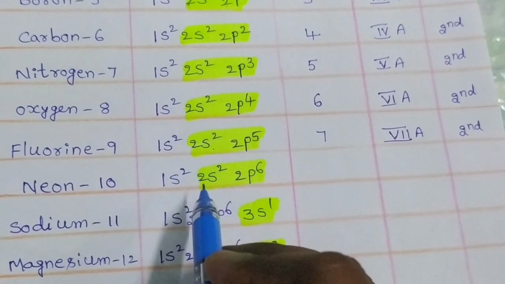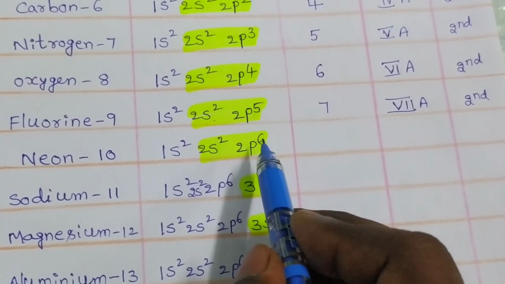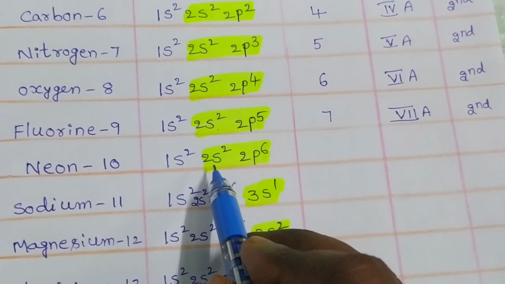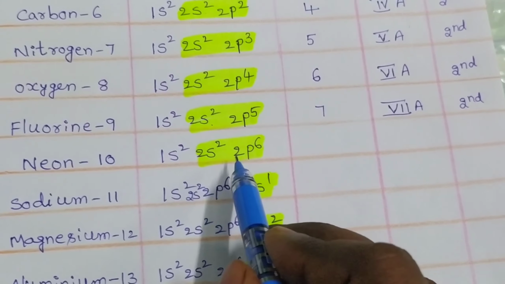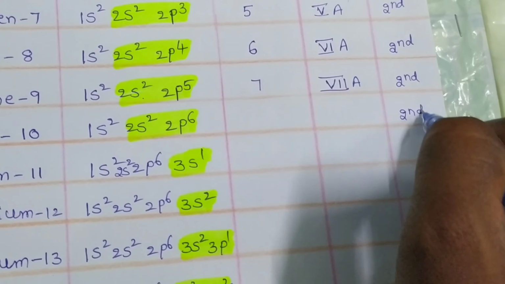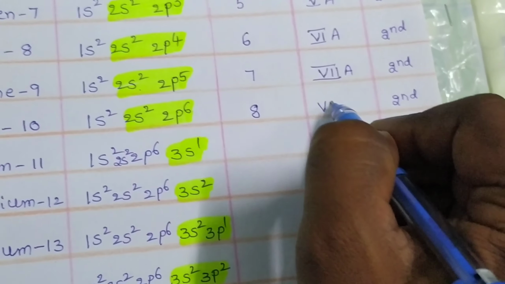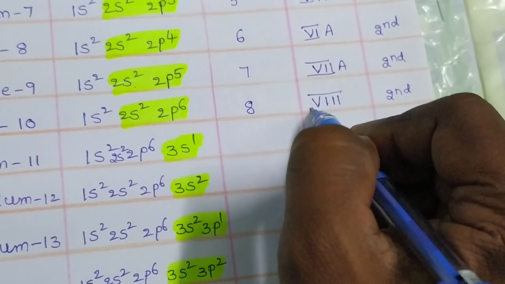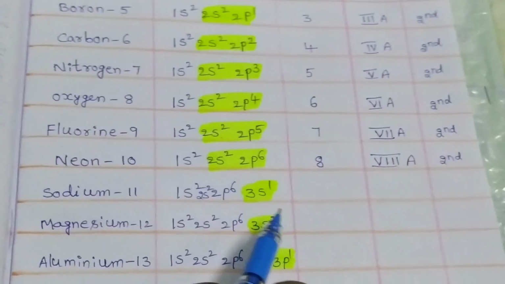Next, neon. Neon has electronic configuration 1s2, 2s2, 2p6. The valence electrons are present in the second orbit, so neon belongs to second period. It contains 8 valency electrons, so neon is present in 8th A group, or 0 group, the noble gas group.